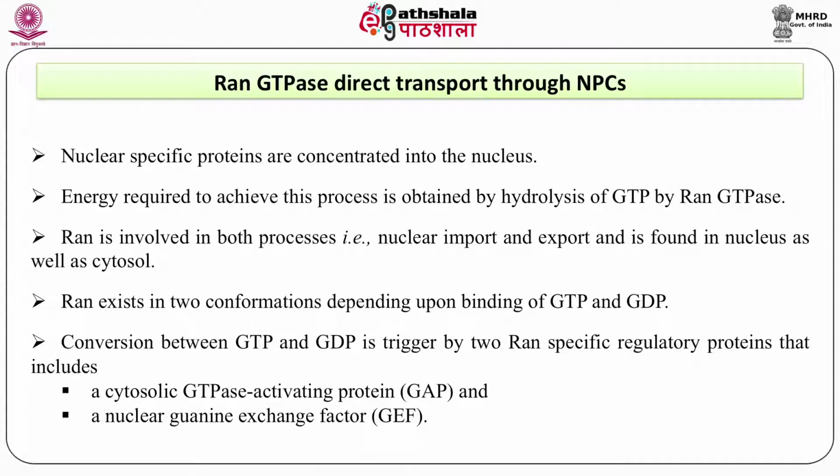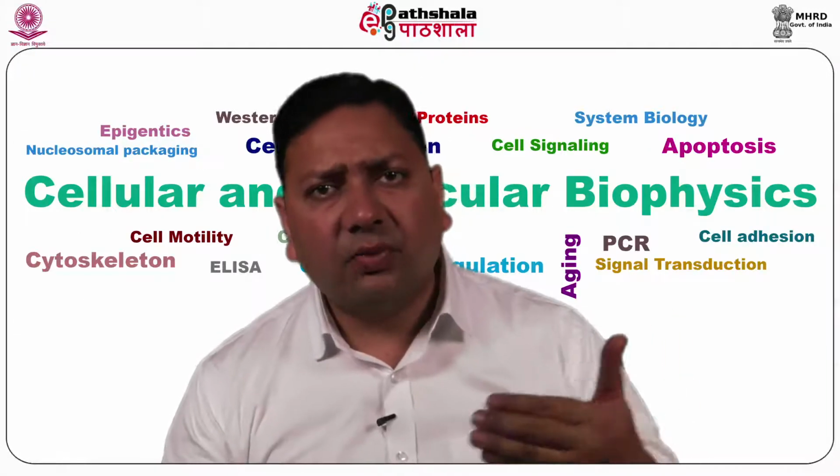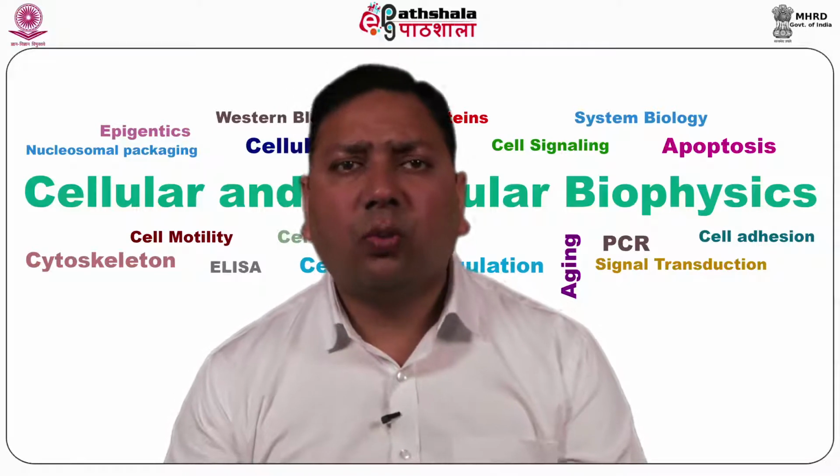This Ran is involved in both processes, nuclear import as well as nuclear export, and is found in the nucleus as well as the cytoplasm. Ran is essential for the translocation of RNA and protein through the nuclear pore complexes.